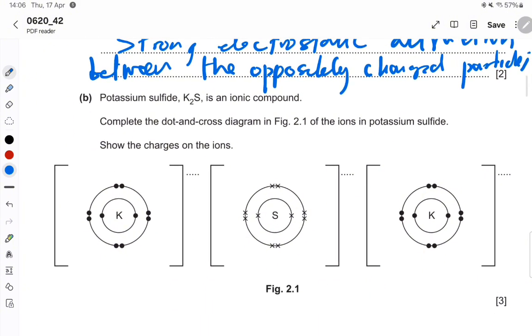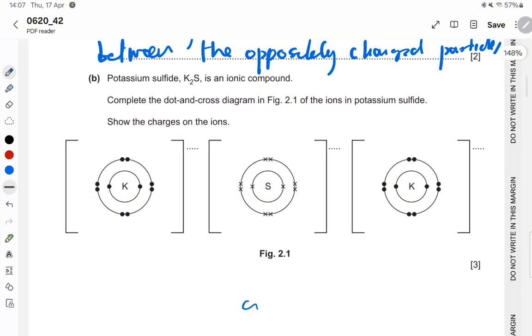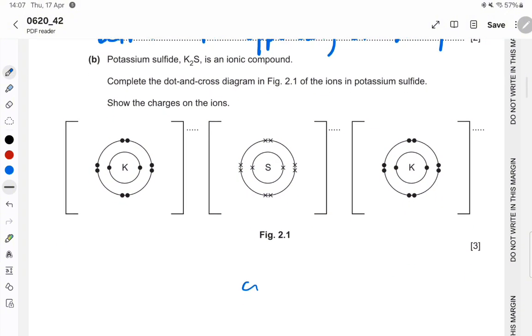Okay, should be good enough. Now, I think it's looking a bit thick, so let's thin it a bit. Okay, great.